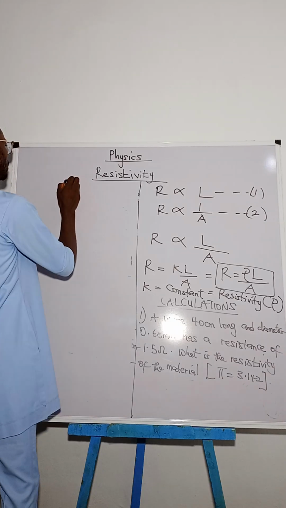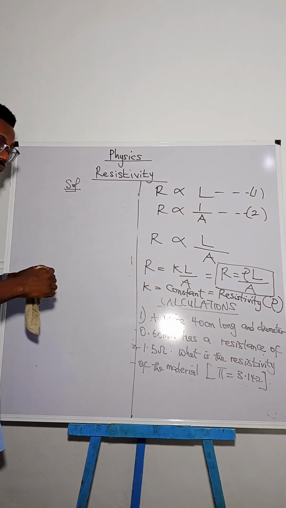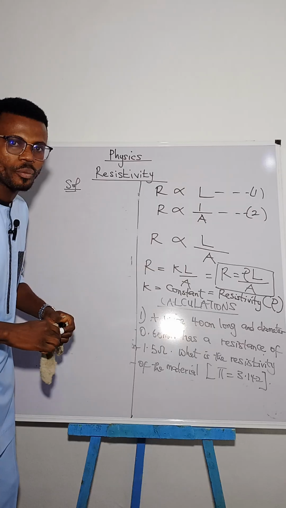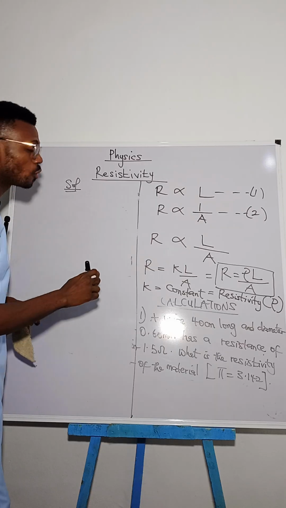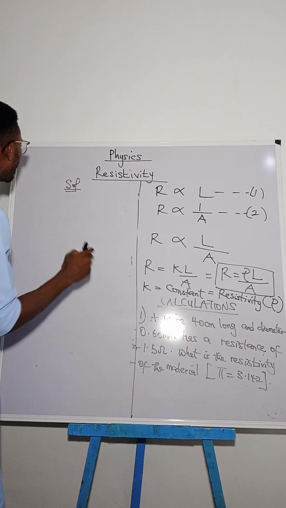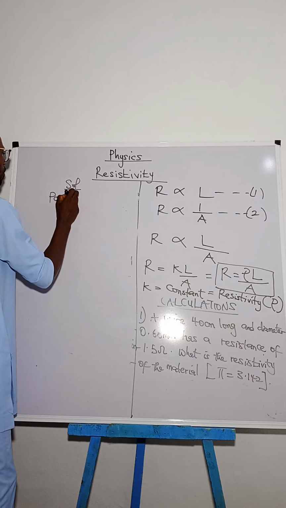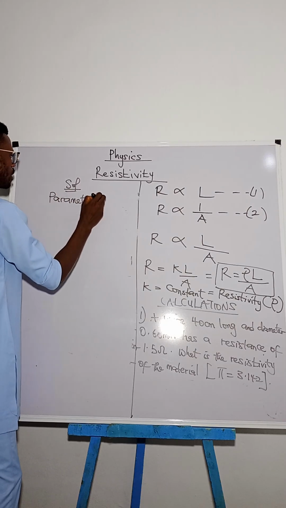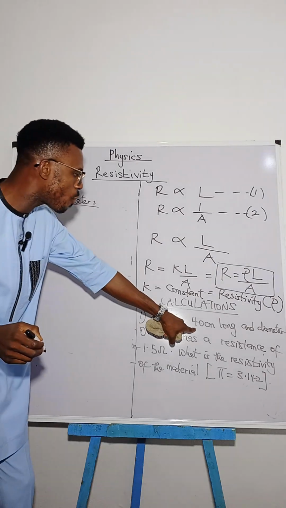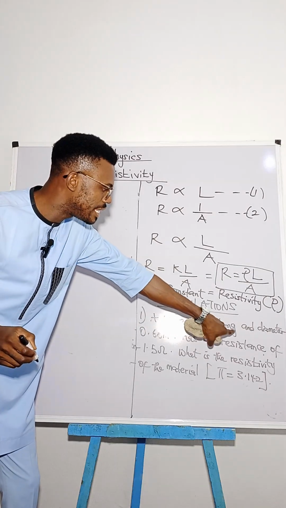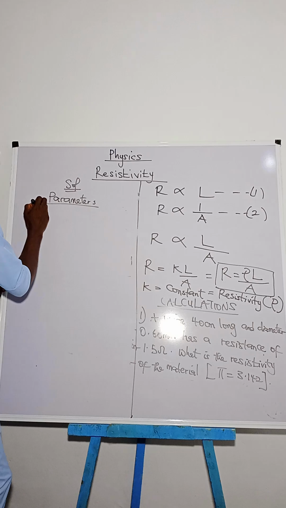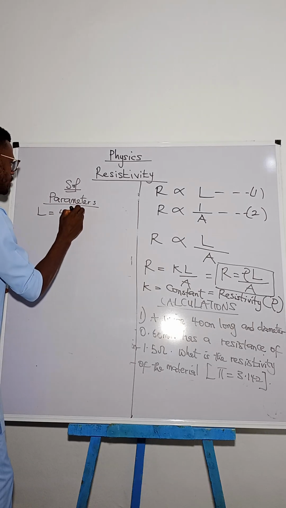All right, solution. First thing first, we bring out our parameters. We are solving your questions in physics for the SSC students. What are we given? We are told a wire 40 cm long, that is the length. So my L is equal to 40 cm.